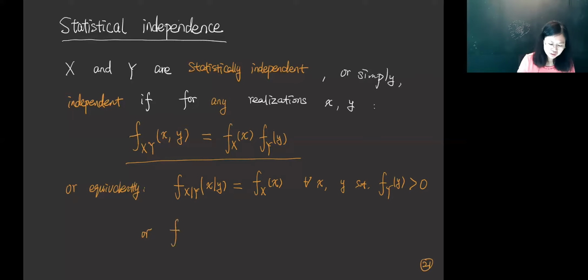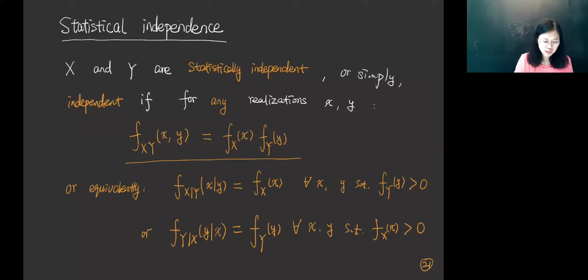We can also state the independence in terms of the conditional PMF of y given x. And that should equal f of y of little y for any little x, little y such that the marginal for x at this little x is positive.